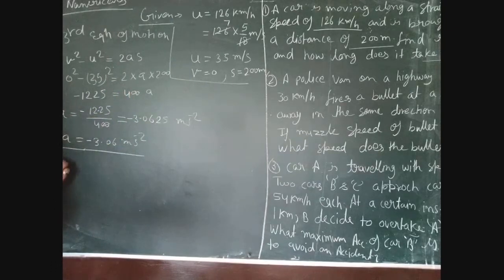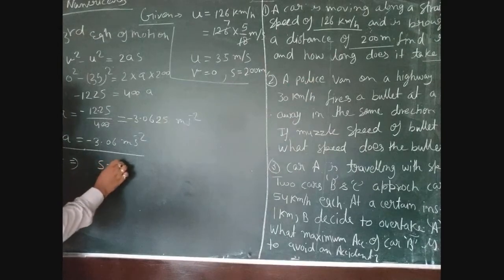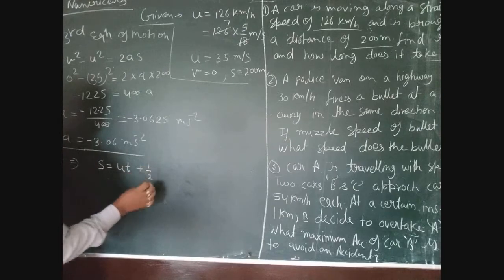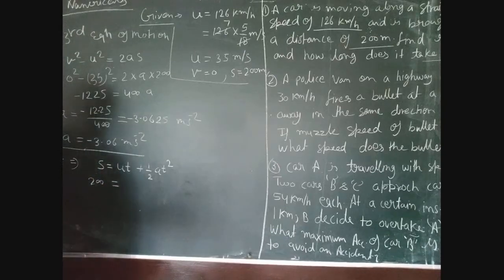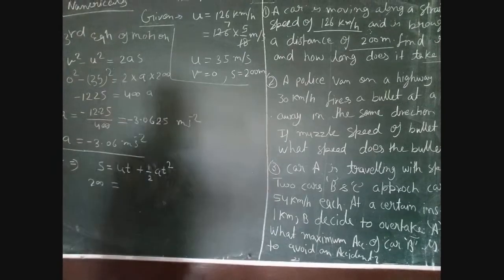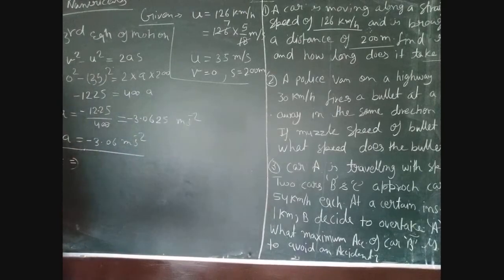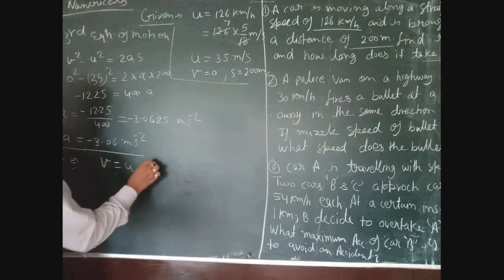Then time, for time we have the second equation of motion, that s is equal to ut plus half at square. Okay, this we have 200 meter. Okay, 1 minute. Best is to just calculate by using the first equation of motion, v is equal to u plus at.